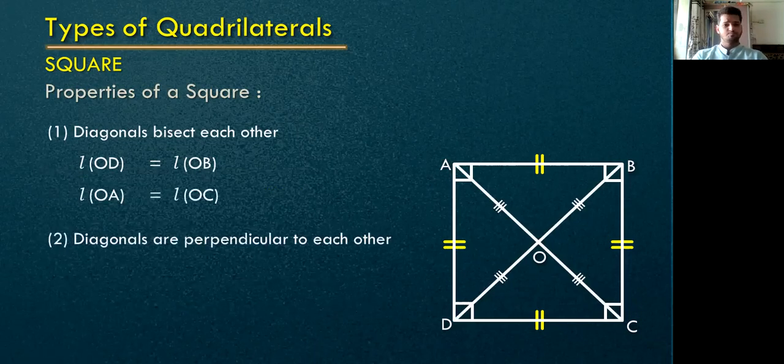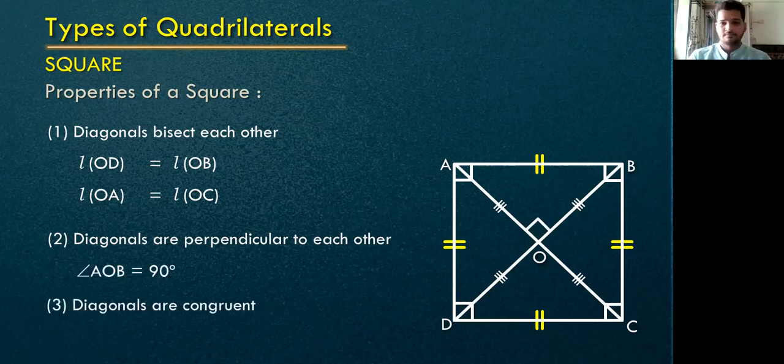Second property, diagonals are perpendicular to each other. So we can say the measure of angle AOB is 90 degrees. Similarly, you can say the measure of angle BOC, angle COD, and angle AOD is also 90 degrees.